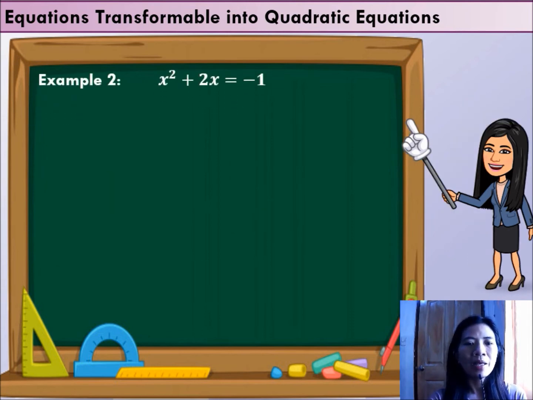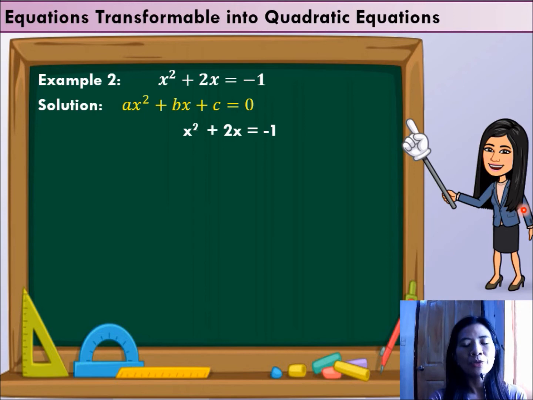Okay, now let's have example number 2, which is x squared plus 2x equal to negative 1. So if you notice, this is not yet in standard form. So we are going to again transform this into standard form, which is ax squared plus bx plus c equal to 0.